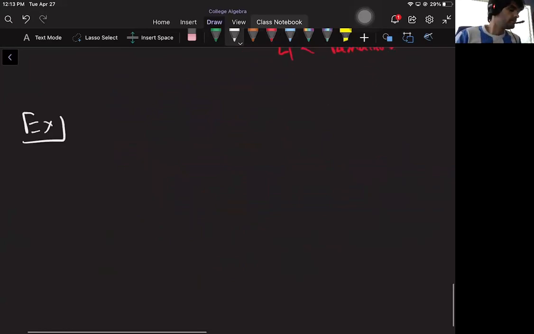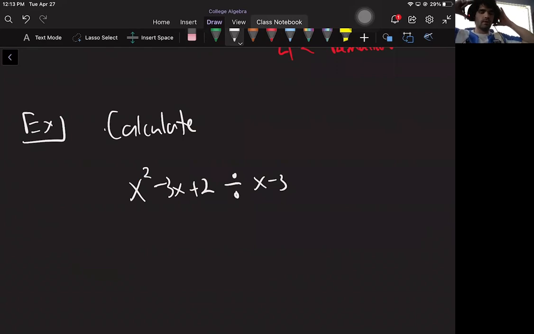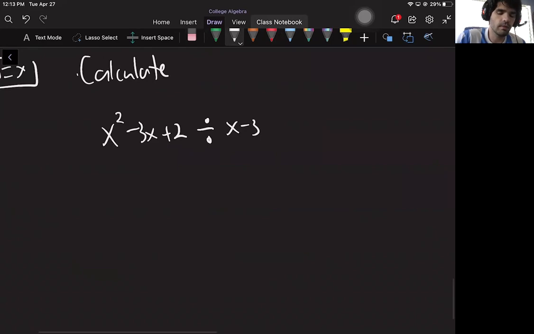So what we do is we calculate, or say it different ways, divide. You divide a bigger degree polynomial, x squared minus 3x plus 2, divided by a smaller degree polynomial, x minus 3. So just like we did a bigger number divided by a smaller number, that's what we're doing here, bigger polynomial divided by a smaller polynomial in terms of degree.